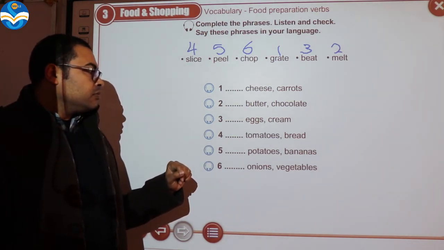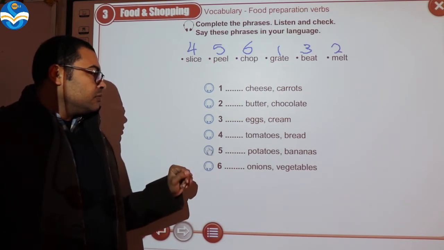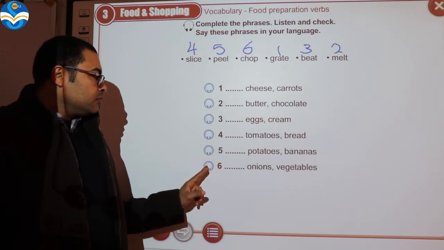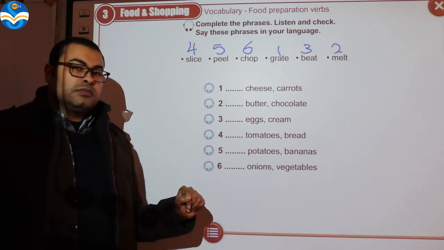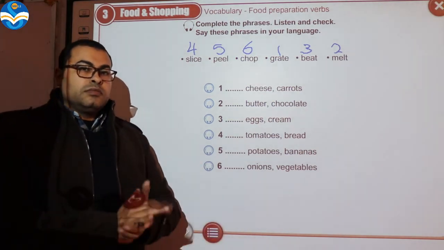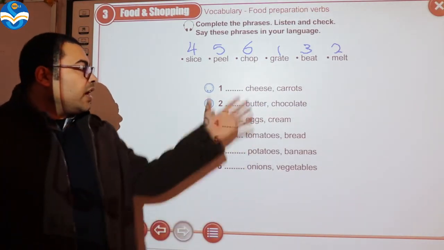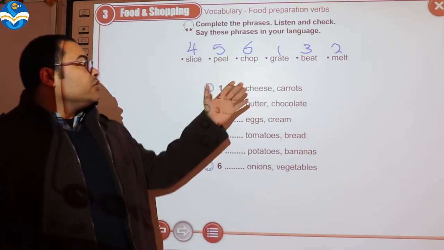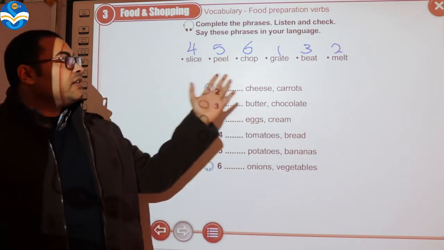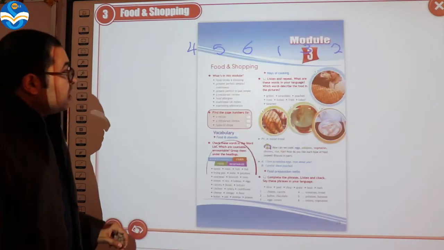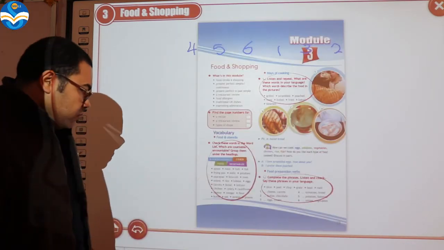Sliced tomatoes, bread. 5. Peeled potatoes, bananas. 6. Chopped onions, vegetables. So we know now what we are going to do with every item: what we are going to grate, chop, peel, slice, beat, and melt. Okay? That's the first module for us.